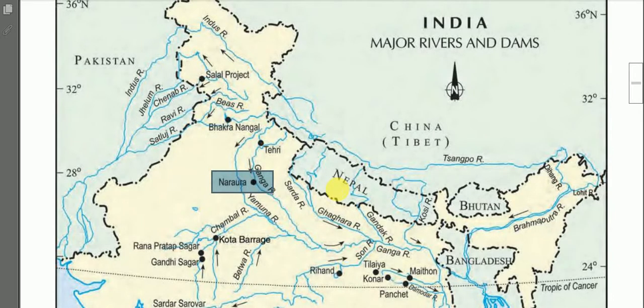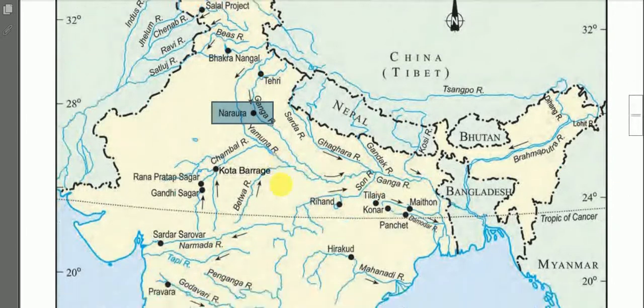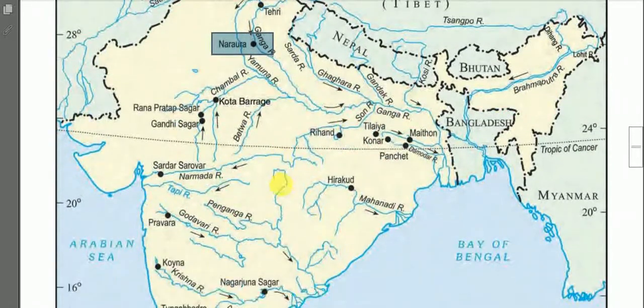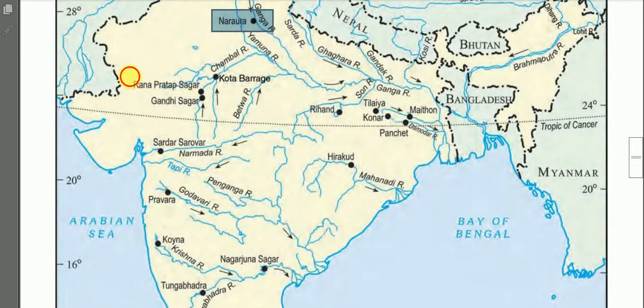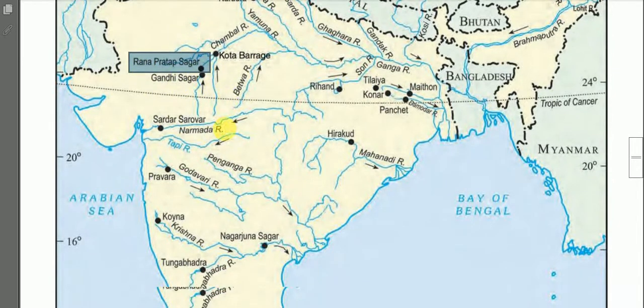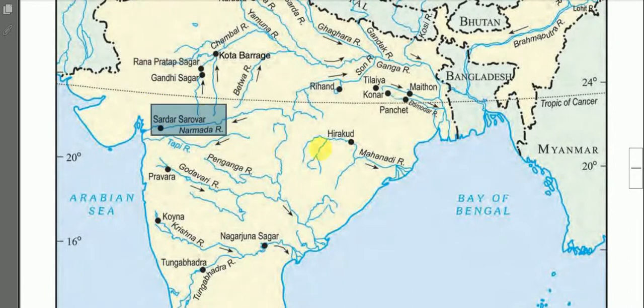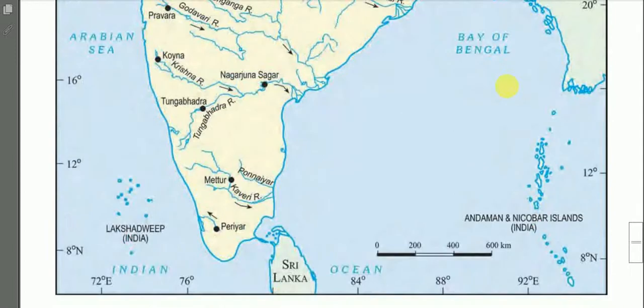So you have to examine this map very carefully. Here we have Rana Pratap Sagar, then Gandhi Sagar, so many dams are here, then Sardar Sarovar.